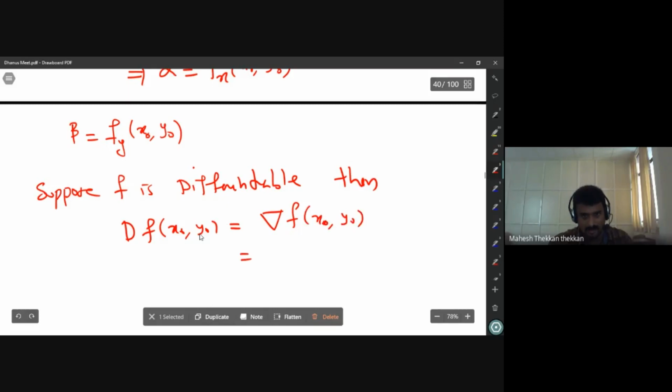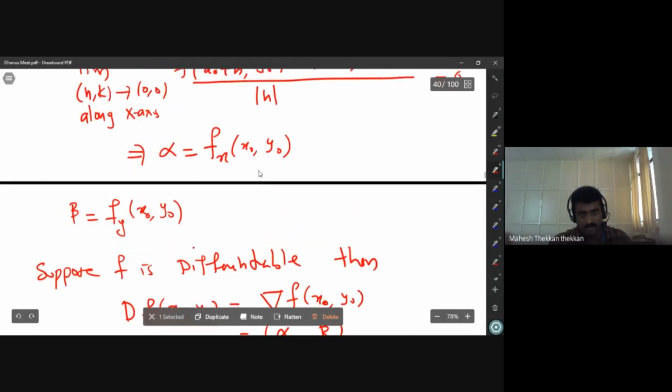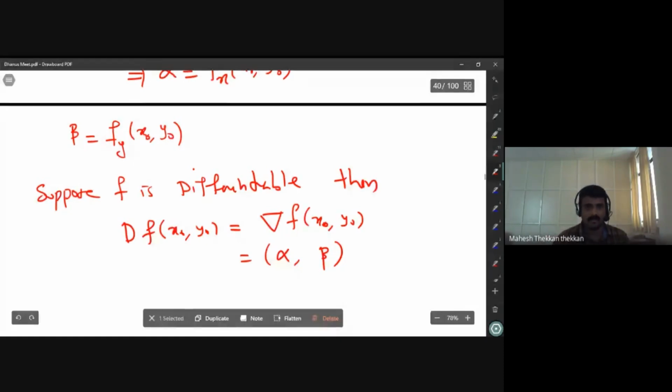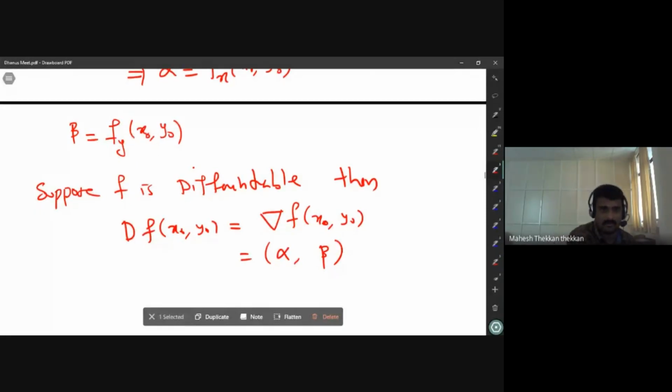So this is our alpha and beta, right? Alpha is fx at x naught, y naught, and beta is fy at x naught, y naught. So if f is differentiable, then the derivative of f at x naught, y naught is nothing but del f at x naught, y naught.